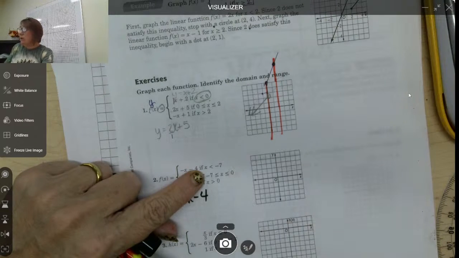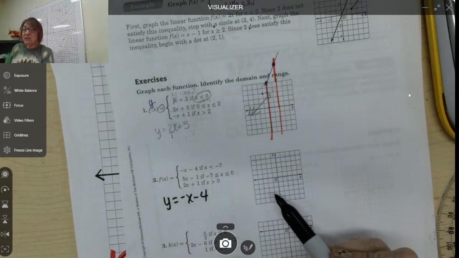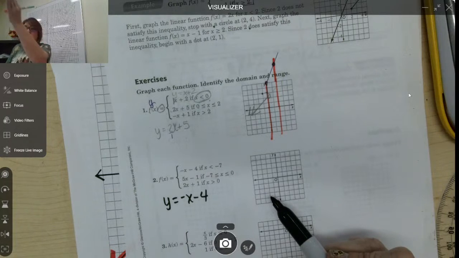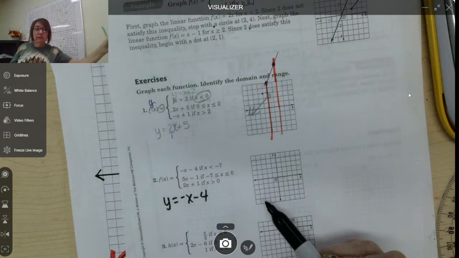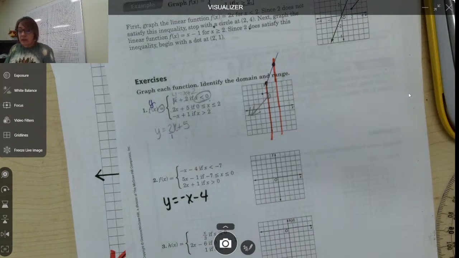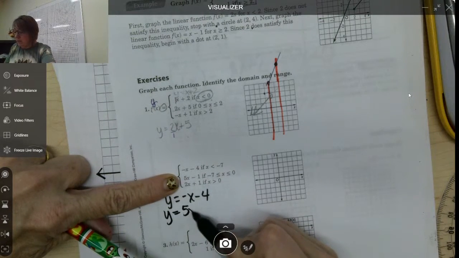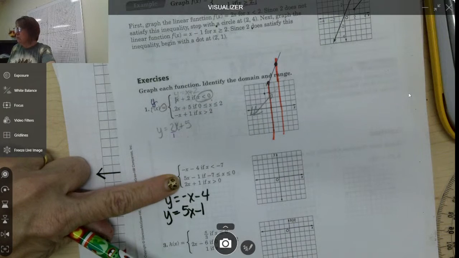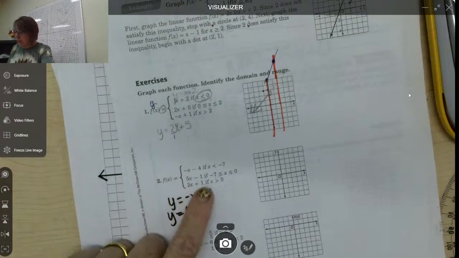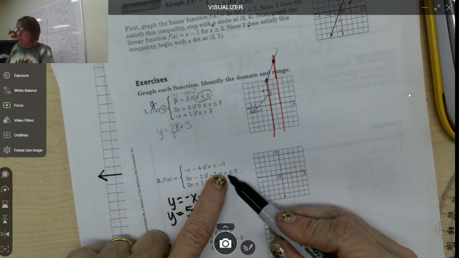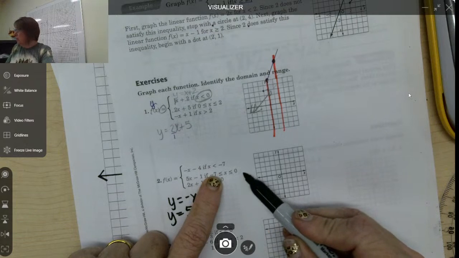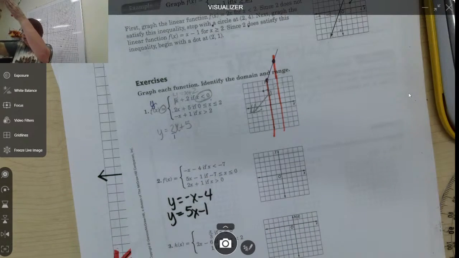So you're only going to use the part of the line where x is less than negative 7. So you start at negative 7 and go that way. Right? And then you have y equals 5x minus 1. But x has to be greater than negative 7 or less than 0. So you're only going to use that part.